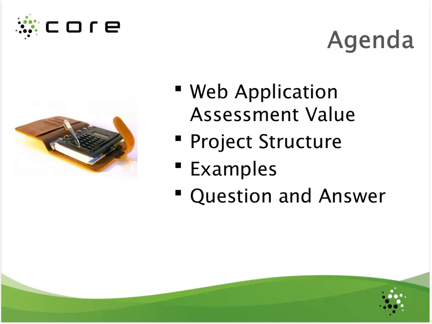For those of you who may be on the less technical side of things, it'll be a very, very high-level overview of the types of vulnerabilities we look for as part of these web app assessments. Again, not much technical jargon in there, so feel free to hang on the line and learn a little bit about that if you're not familiar. And then finally, we'll wrap up with some question and answer.